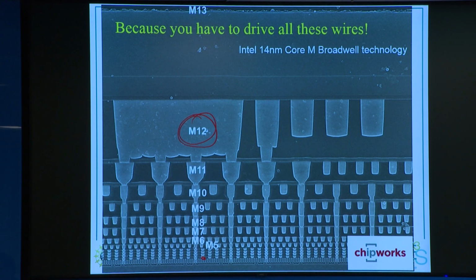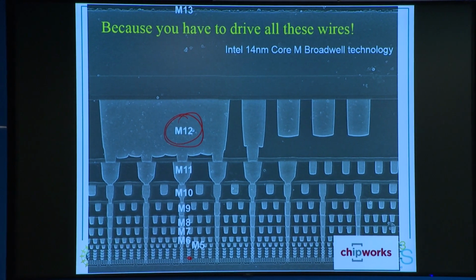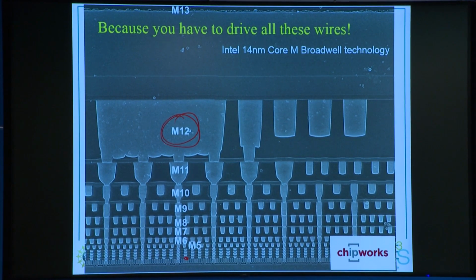And since you only have 1 layer of transistors at the bottom and it has to drive 14 layers of wiring, it has to be able to deliver a lot of current or a lot of conductance, because otherwise your chip will be too slow and no one will buy it. Okay, if you can't deliver the current fast enough, you can't turn the wires on and off fast enough.